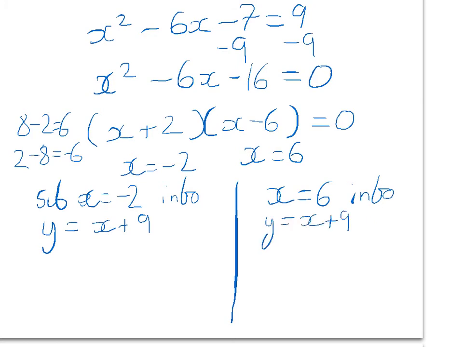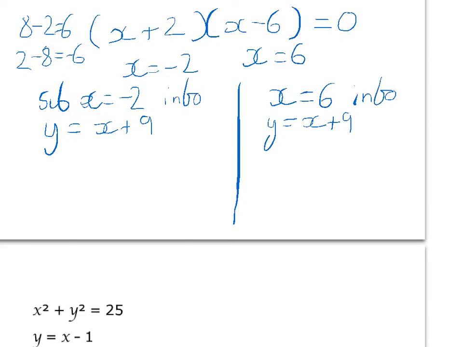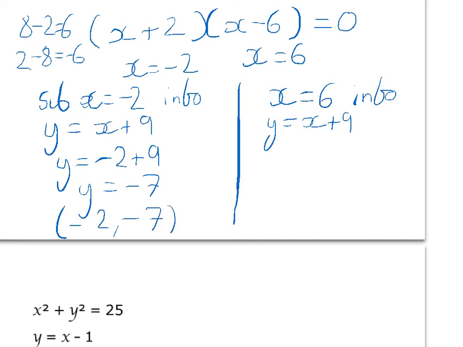Let's look at the minus 2 side first. Where the x's were, put in minus 2, so y equals minus 2 plus 9, which is equal to 7. So the first coordinate is minus 2, 7. And the second one, y equals 6 plus 9, that equals 15. So the second coordinate is 6, 15.